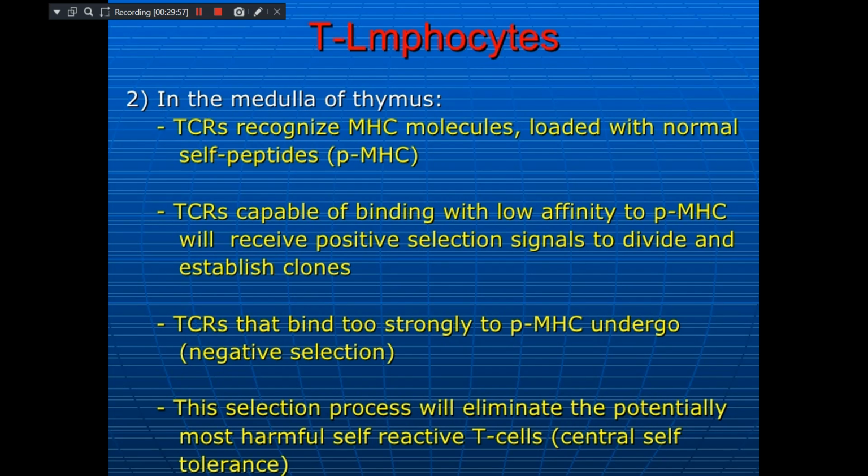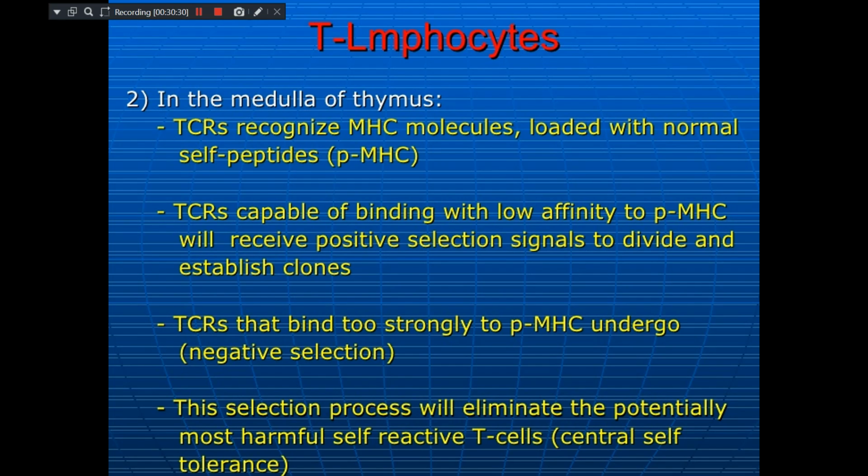Though they have low affinity of binding to this pMHC, they will receive some positive selection signals to divide and establish the groups. So when they are loaded with normal self peptides, these T cell receptors get some signal and start producing their clones.